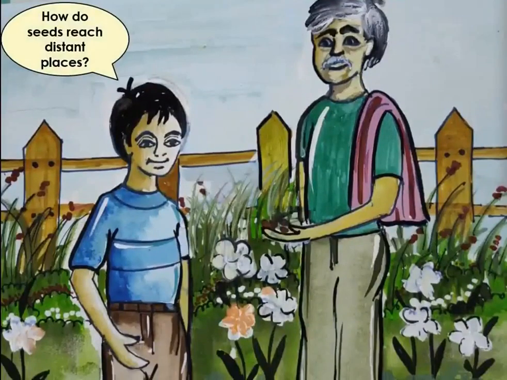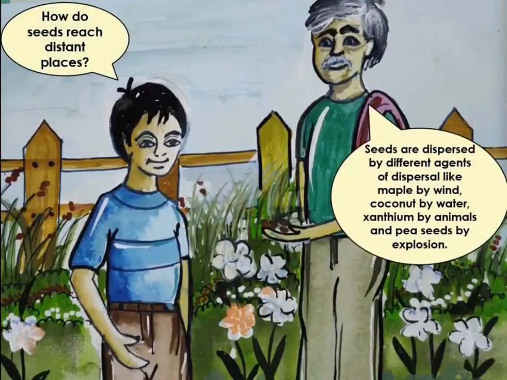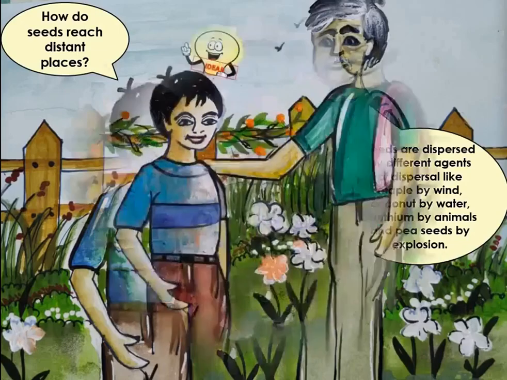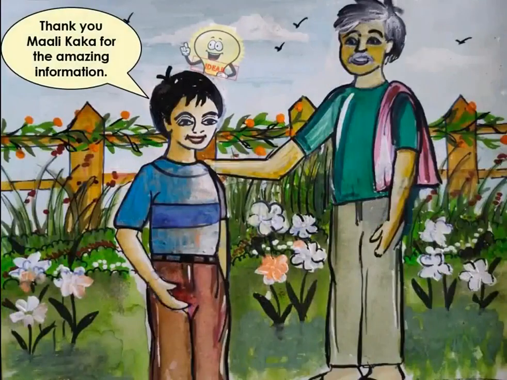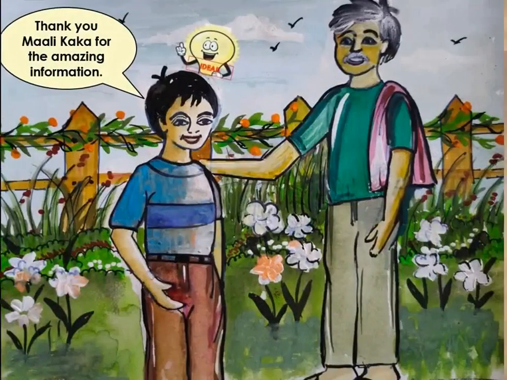Malikaka, how do seeds reach distant places? Rohan, seeds are dispersed by different agents of dispersal, like maple by wind, coconut by water, xanthium by animals, and pea seed by explosion. Thank you, Malikaka, for the amazing information.